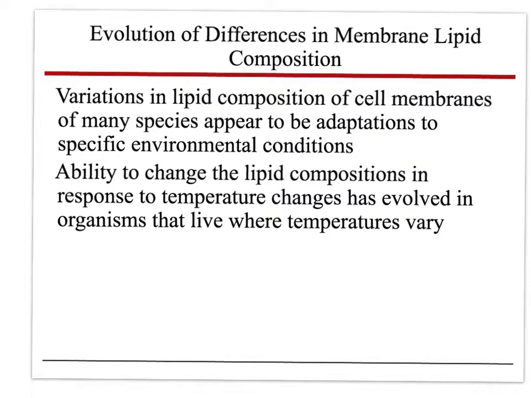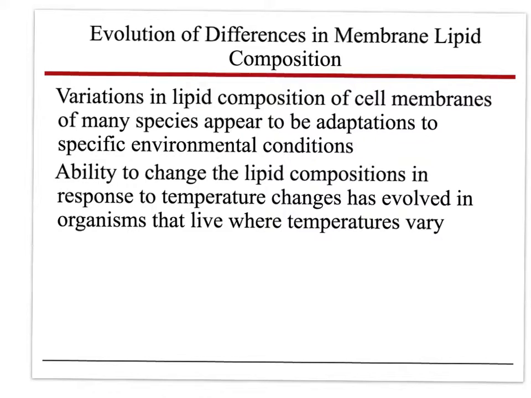And that leads right into the evolution topic. The structure of the membrane is related to where they live, and the environment around them will dictate how the membrane functions.